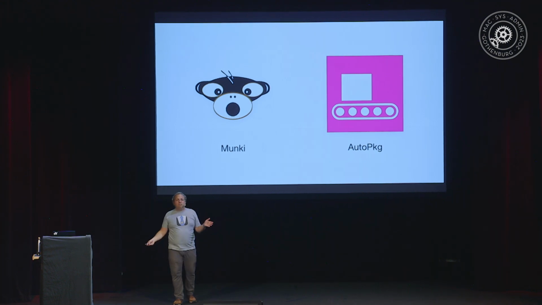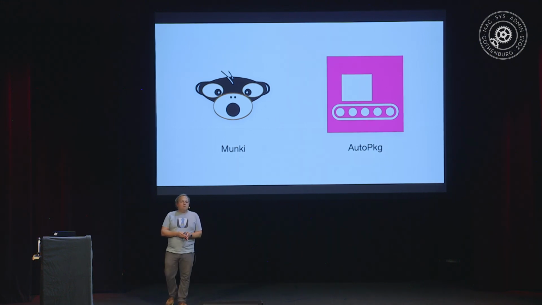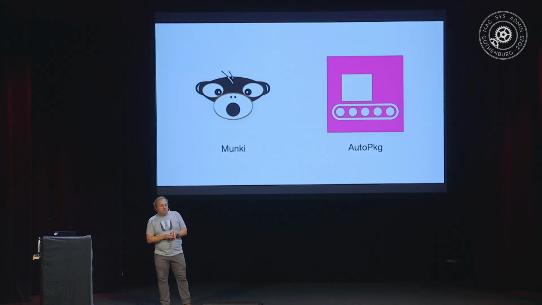Munki and AutoPkg, great open source projects that have been going on for way more than a decade, which is an amazing achievement. I also, personally, this is my personal opinion, I think everybody here has said the MacAdmins community is so special because we are so open and we share a lot.